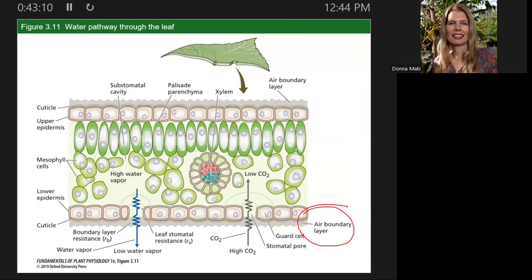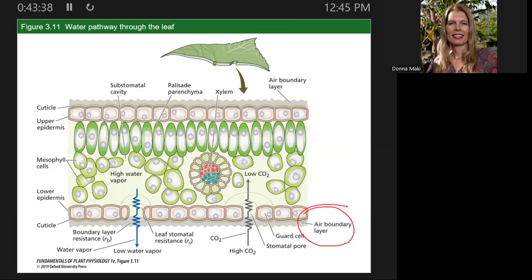So the air boundary layer, what this is trying to show is that when you have a solid surface and then the bulk air around it, there's a very thin layer of relatively unstirred air, relatively still air molecules right at the surface of that physical substance compared to the bulk air above it.